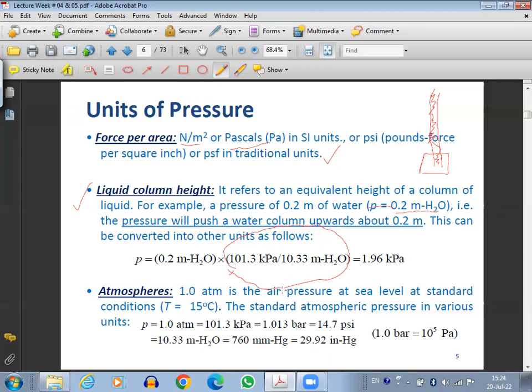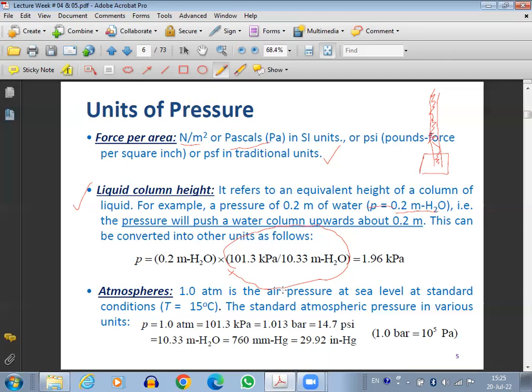You know, the height of a door would be like 2 meters, so you have 5 doors, one over the other. So if the column height is 10.33 meter, the pressure exerted by this column of water would be equal to 101.3 kilopascal. The unit conversion.